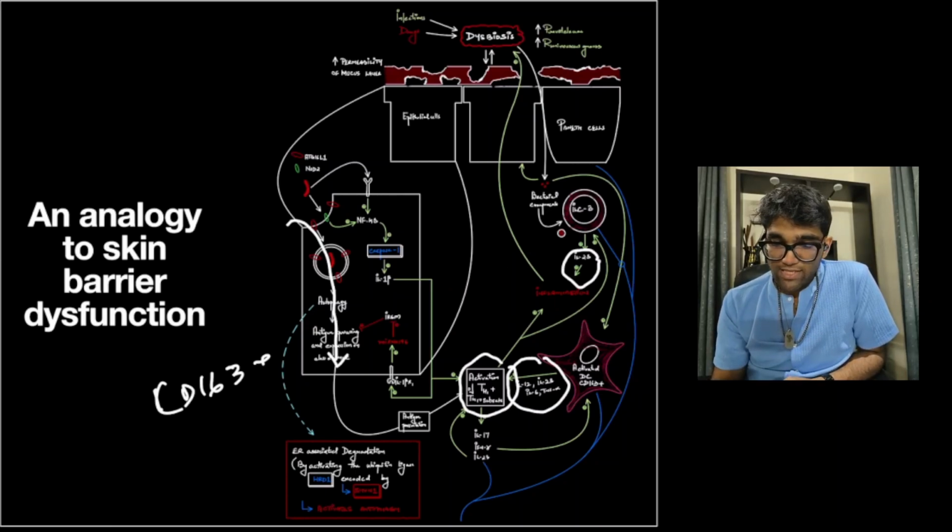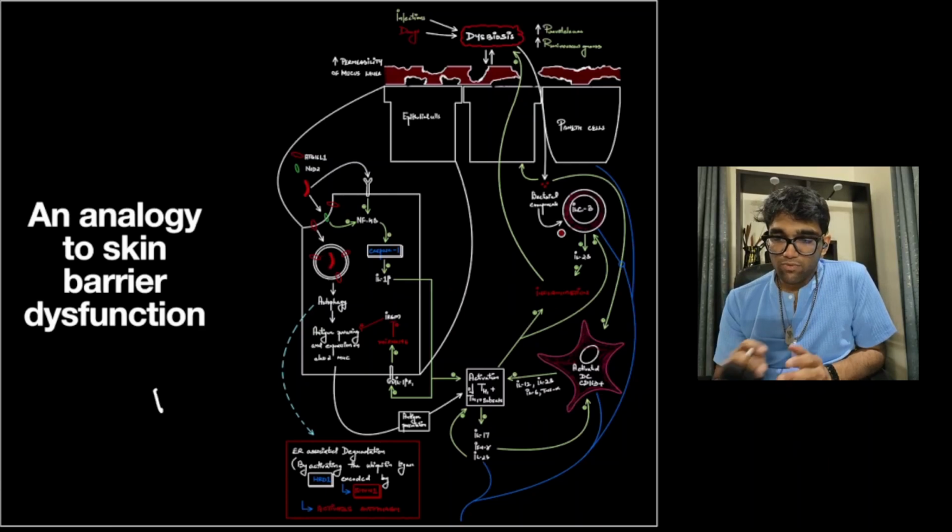So as you can see, essentially the immune system at this point has switched from a tolerogenic local epithelial immune system to a very non-tolerant immune system.